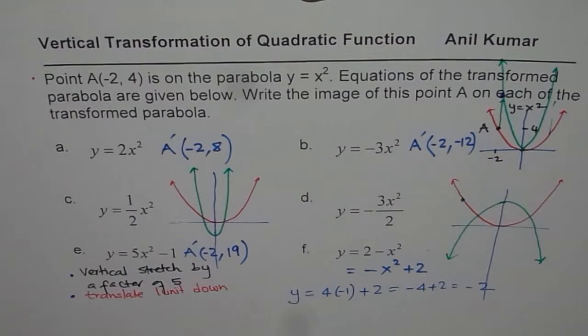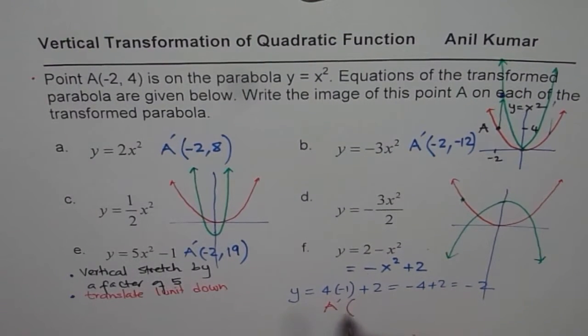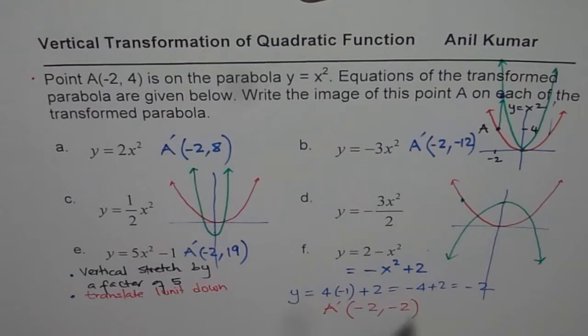So in this case, the coordinates will be: x value remains the same, minus 2, and the y value will be minus 2 also, right? So that is how you can get the coordinates for the image of the original point on the transformed graph of the function. I hope that makes it absolutely clear.